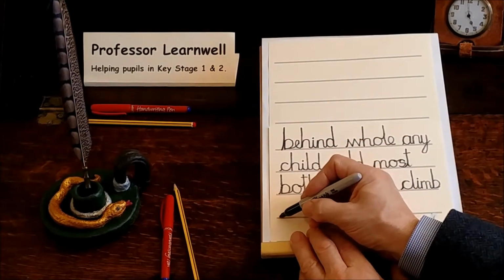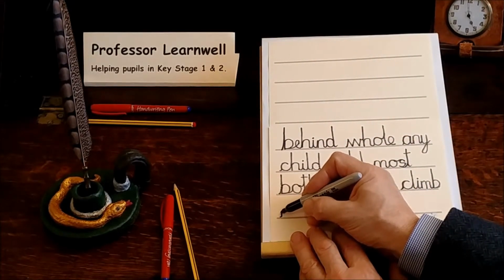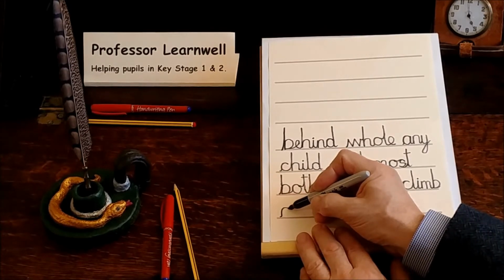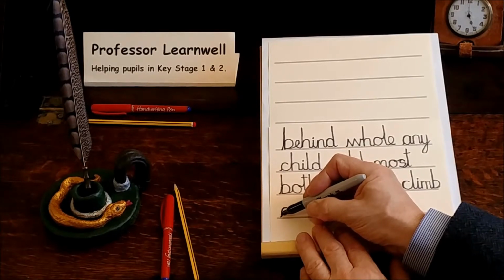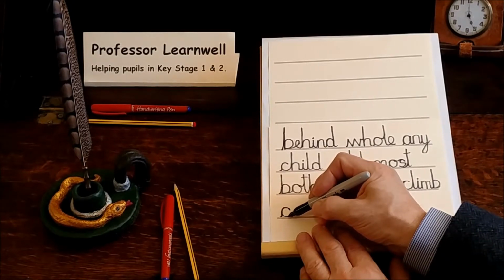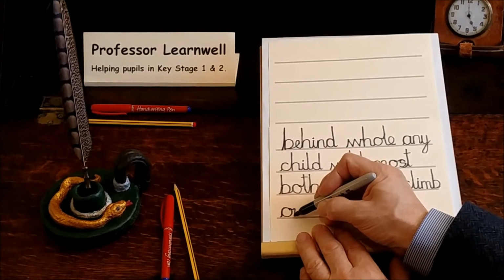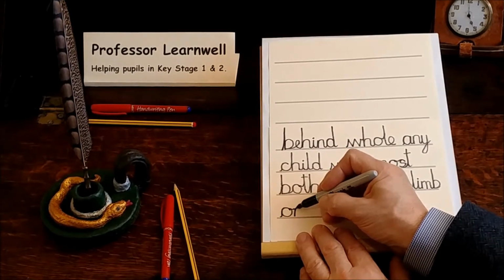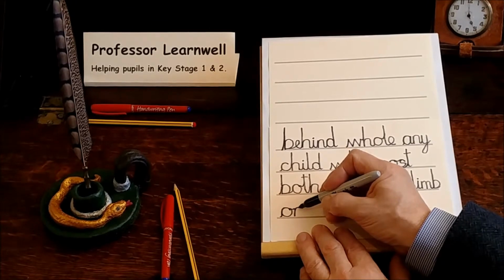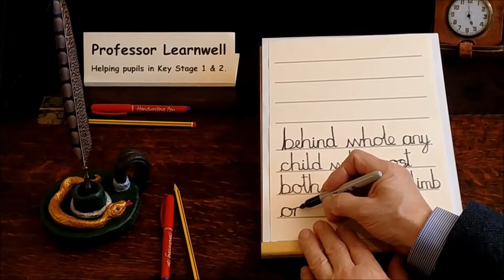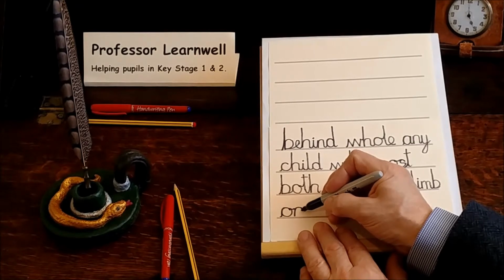So starting on the line, even though it's the letter O, curve round to the right. We're almost halfway to the next line. Stop at that point, we go back, create a nice round circle, complete circle at that point, lead out to the next letter, which is the letter N. You probably remember that the letters O and R, we always lead out near the top of the letter.